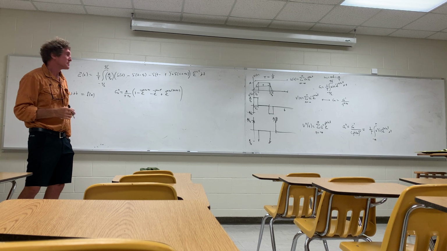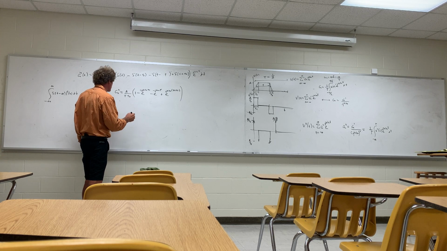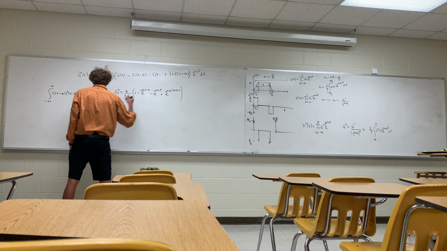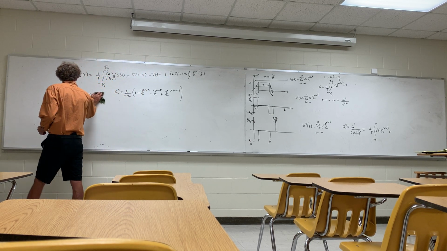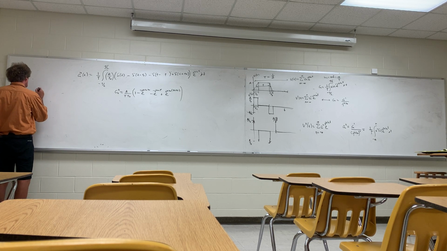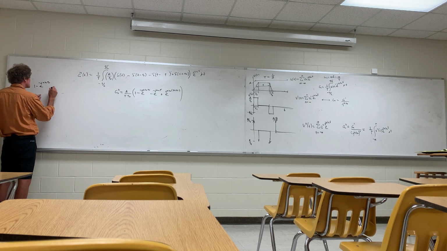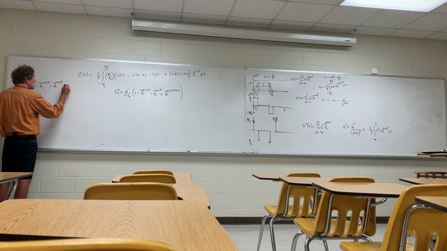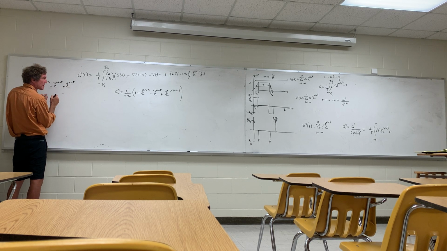Now this takes a little doing, but I'm going to show you something. Let me expand this part here just for a second, so you'll be able to see it. I'm going to do this over here. When I take a look at this, I have 1 minus e to the minus jn omega naught tau rise. Then the next one is minus e to the minus jn omega naught tau plus e to the, then I'll break it up, jn omega naught tau right there.